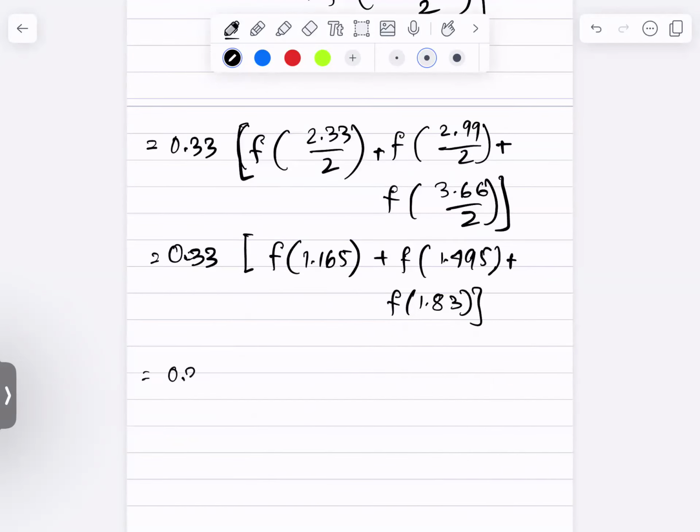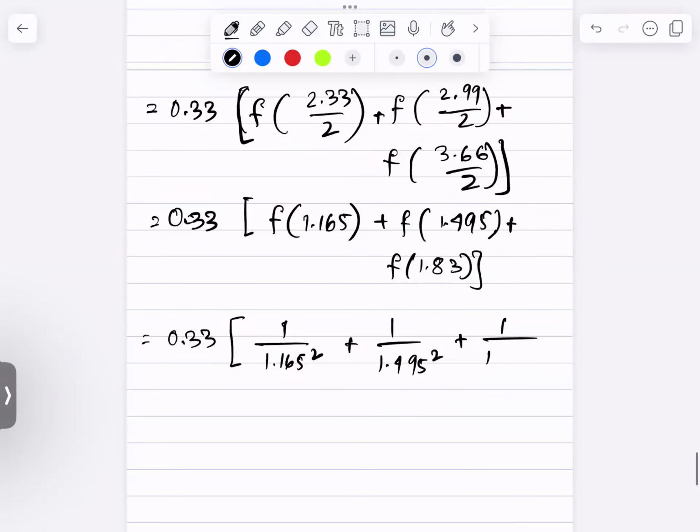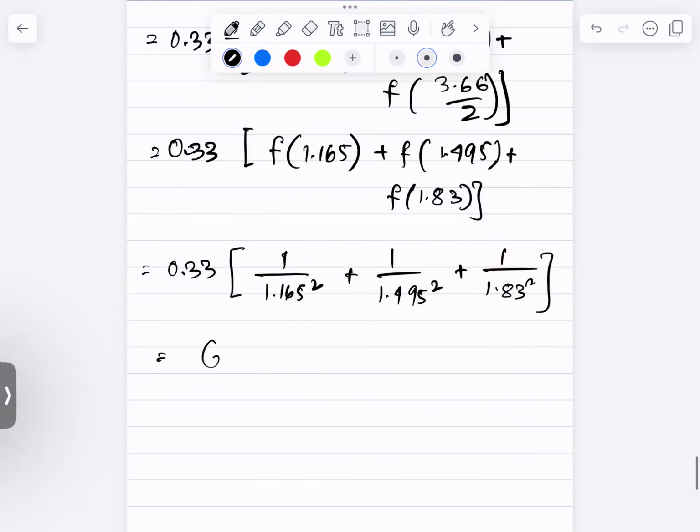And then this is just 0.33 times 1 over 1.165 square plus 1 over 1.495 square plus 1 over 1.83 square. And again, use calculator to have the exact value of this.